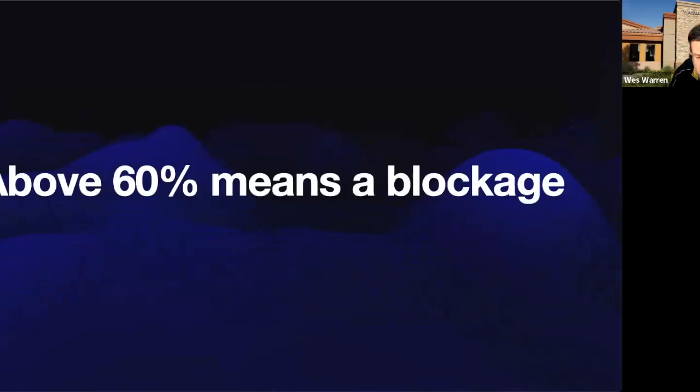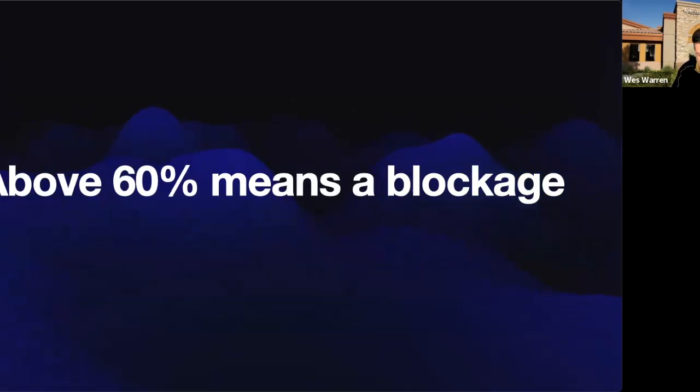If you're at 60% to goal or higher, you have a capacity blockage. This is what we're looking for. Now, when we do this with practices, it's pretty common to see that they're already 70, 80% to goal on May 1st for that month. And the question I ask you is, why didn't we do some of that in April?